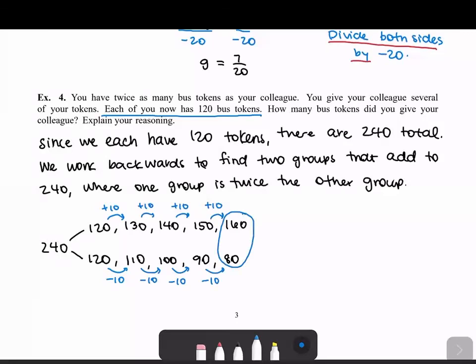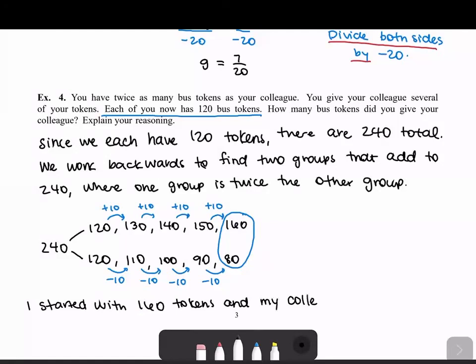So what does that tell us about this problem? It says that I started with 160 tokens, and my colleague started with 80.